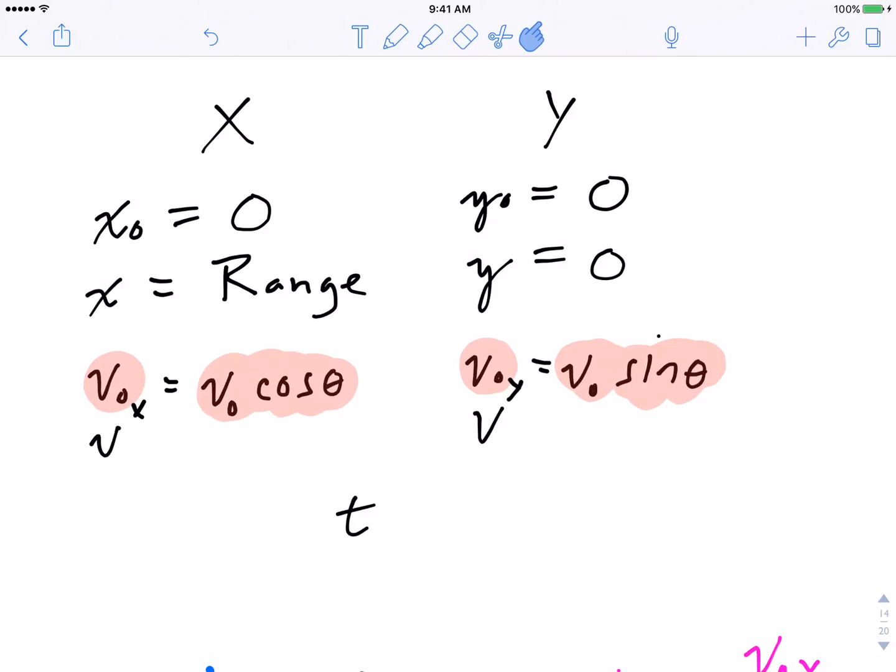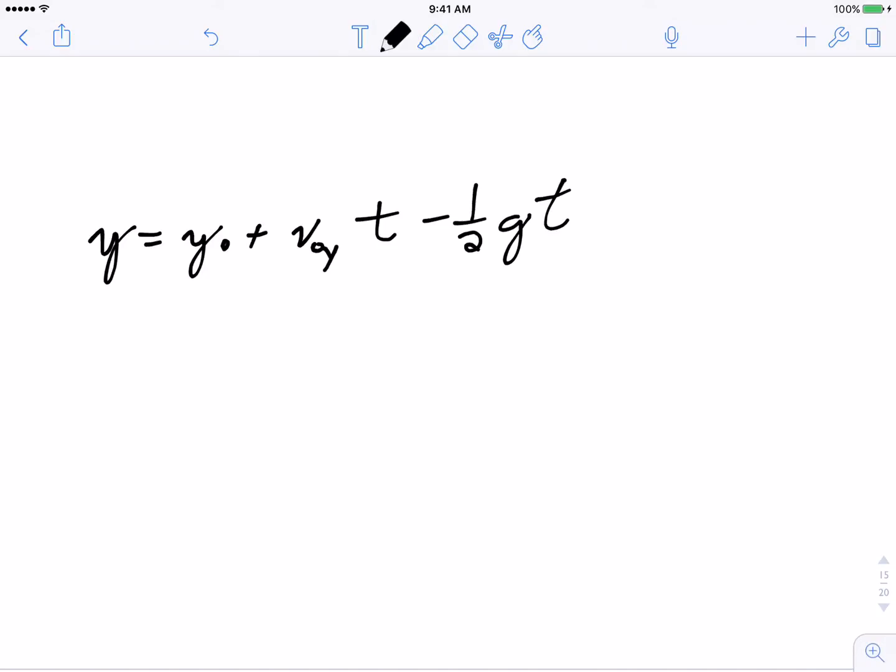When I go over to the y-axis, I see I have y initial, y final, VOY. What formula can I use to solve for time that doesn't require me to know my final velocity? Just like in the past, we are going to use y final equals y initial plus VOY t minus 1/2 g t squared. From our given information, y final is 0 and y initial is 0.